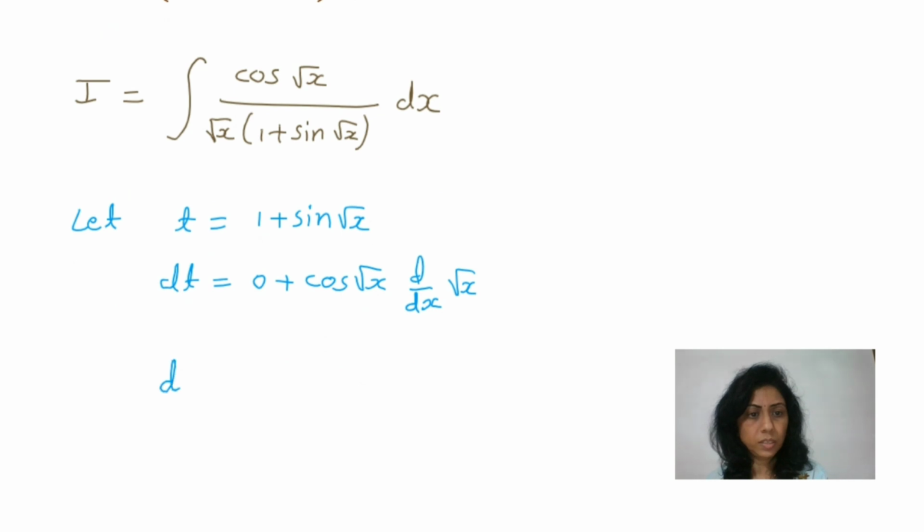So dt is equal to cos square root x, and here square root x means x to the power 1 upon 2. So when we differentiate this, we get 1 upon 2 x to the power 1 upon 2 minus 1, that is minus 1 upon 2, dx.